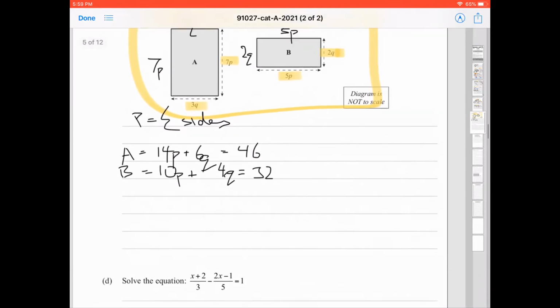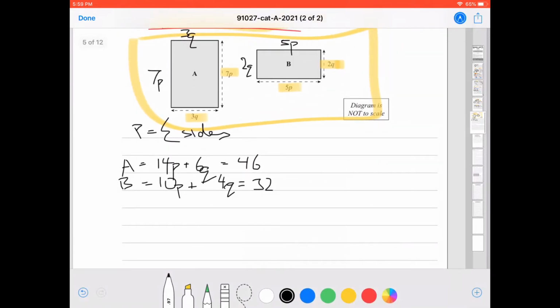And so the only way to make progress here is by solving these equations simultaneously. And you'll hopefully know there's two ways of doing simultaneous equations. You can do the elimination method or the substitution method. Substitution here would be slightly difficult, so let's use the elimination method.